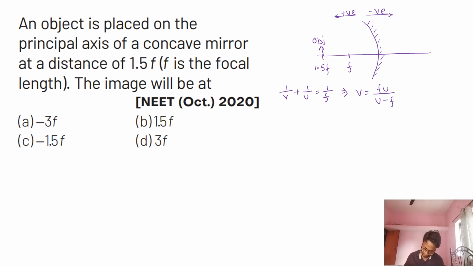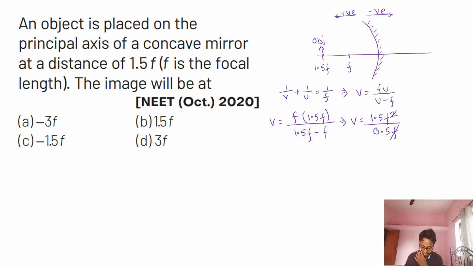So v is equal to, f is plus f, u is 1.5 f, divided by 1.5 f minus f. So v is equal to 1.5 f square by 0.5 f, and f and f will get cancelled.